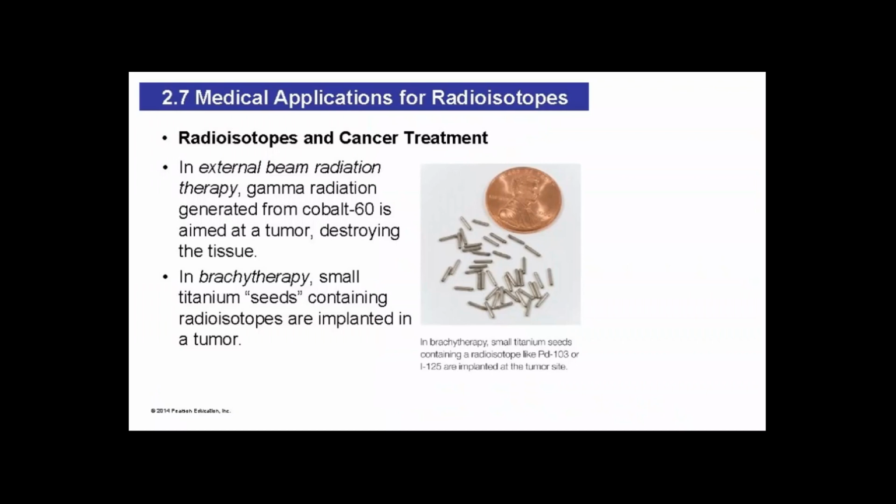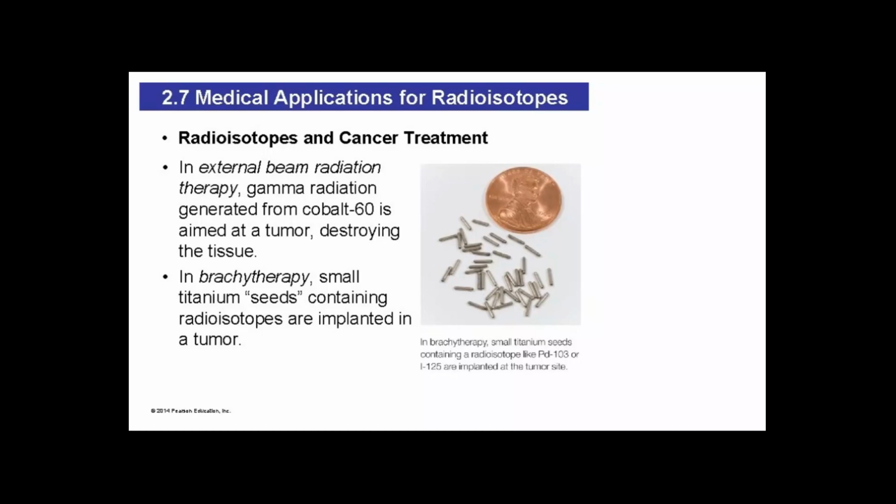So, medical applications of radioisotopes in cancer treatment. In external beam radiation therapy, gamma radiation generated from cobalt-60 is aimed at a tumor, destroying the tissue. So it kills both healthy cells and cancer cells, but the intention is to kill the cancer cells.